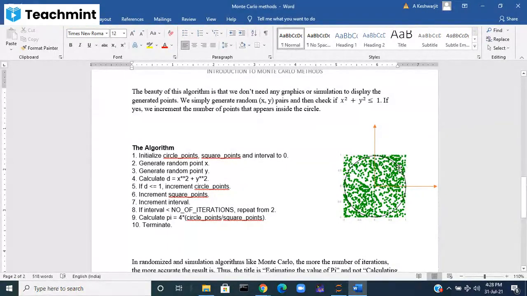Now the first quadrant sector and the square, and their ratio is what we need, because the ratio of these two parts is simply equal to the ratio of the area of the circle to the area of the square. So we are concentrating mainly on the first quadrant.